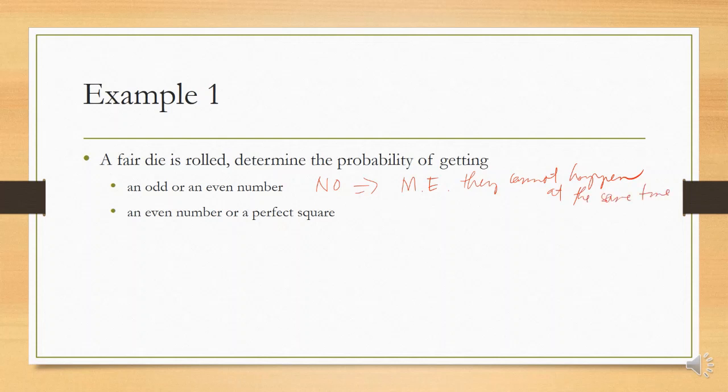So having known this, for letter A, since we have a mutually exclusive event, the formula that we are going to use is P of A union B equals P of A plus P of B. That's it. Right? Because they cannot have a number that appears at the same time. There is no intersection.